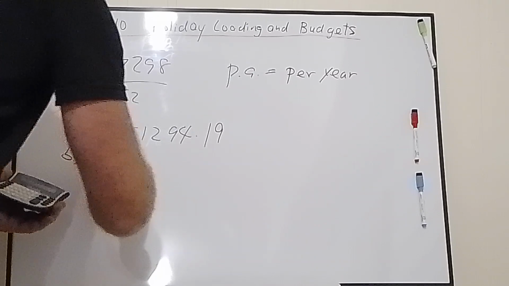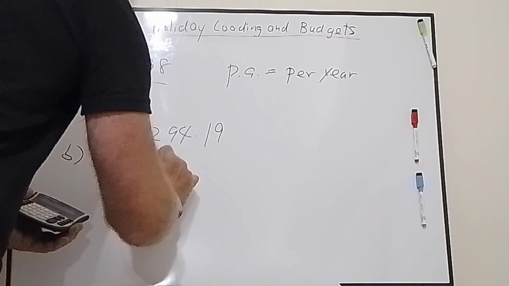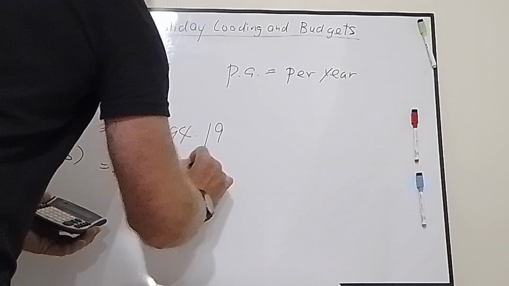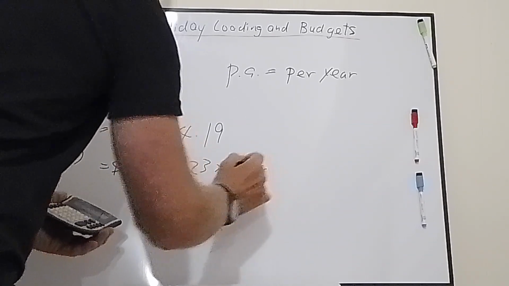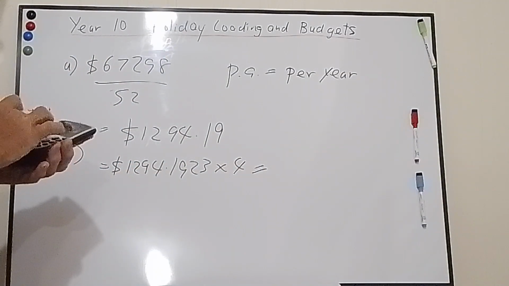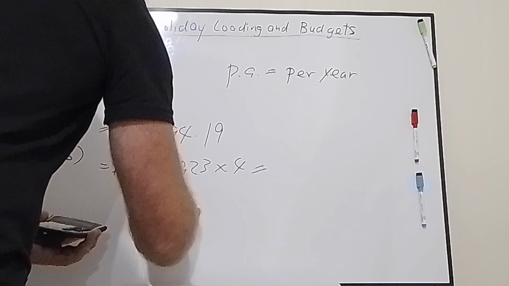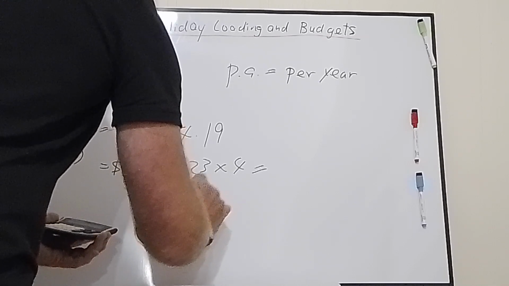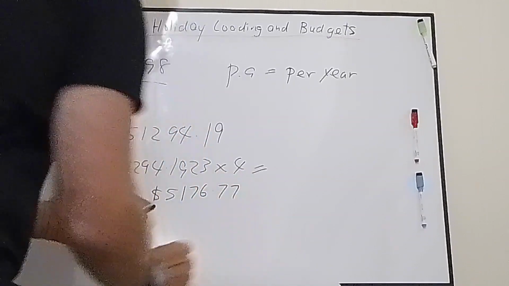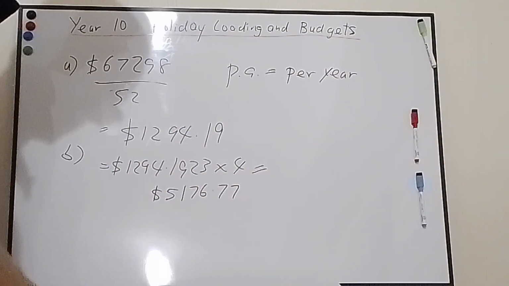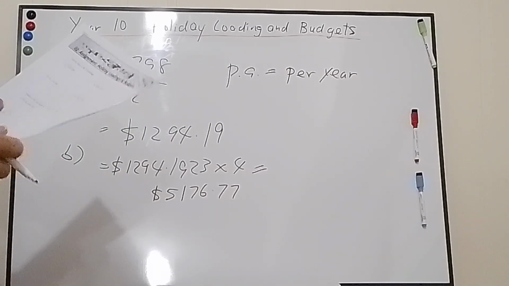1294.1923 times 4 equals $5,176.77. We're going to round it up to 77 cents. Now, find her holiday loading.